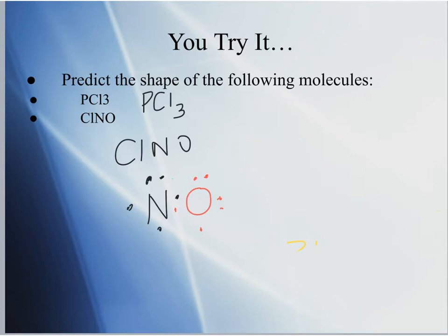Typically I just want to place them around that center atom. We may have to move the chlorine down to oxygen if need be, but it's kind of trial and error until we get it figured out. So there's chlorine with its 7 valence electrons.